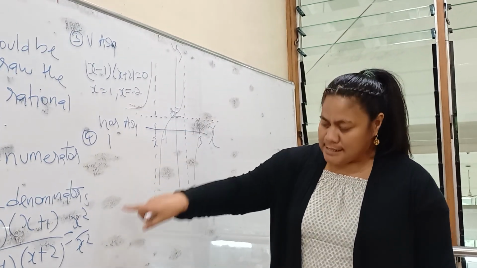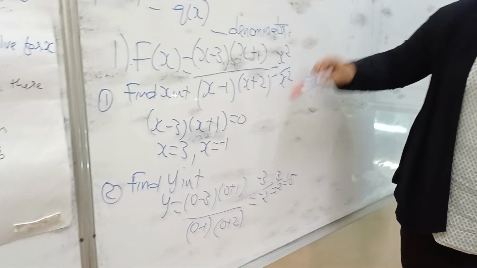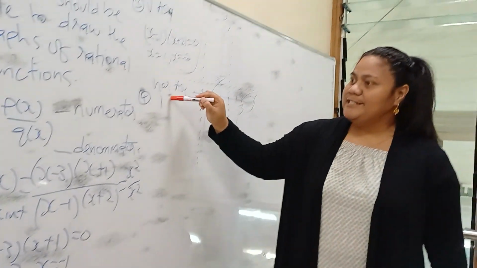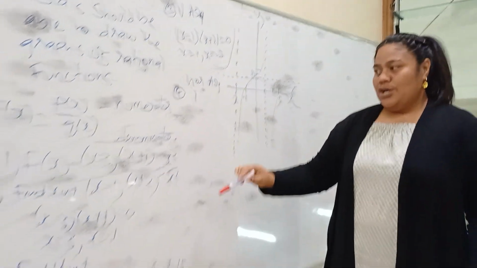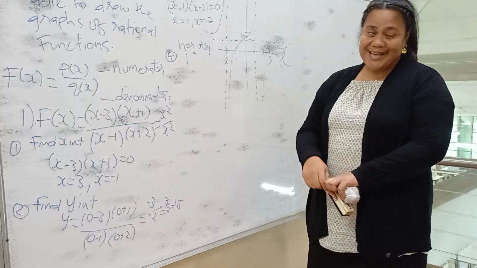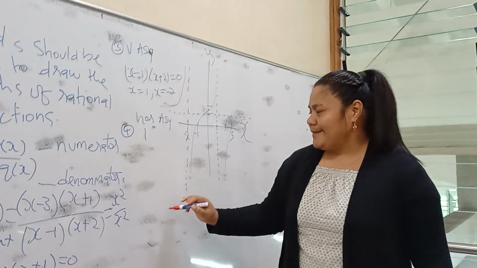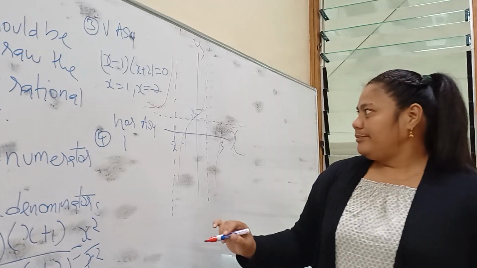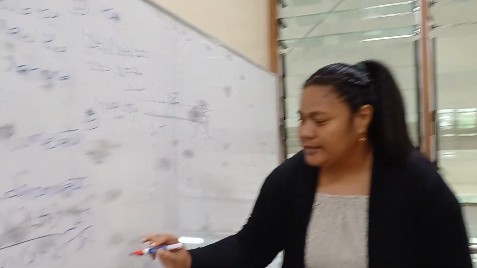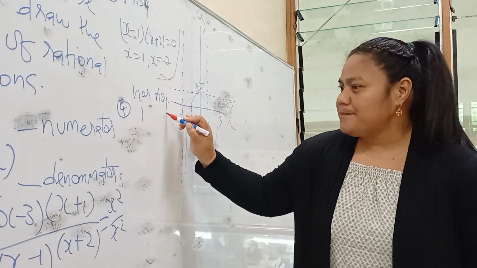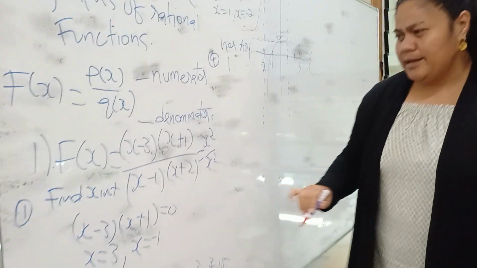You must substitute the x, maybe negative 3, inside the function, and then you can know your y value. Like this. If this one is negative 3, let's substitute in here.